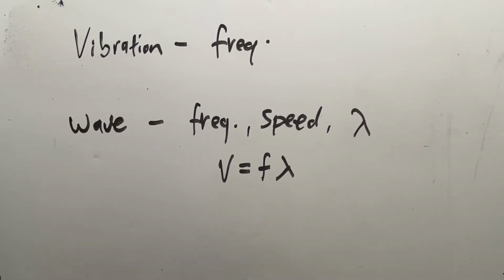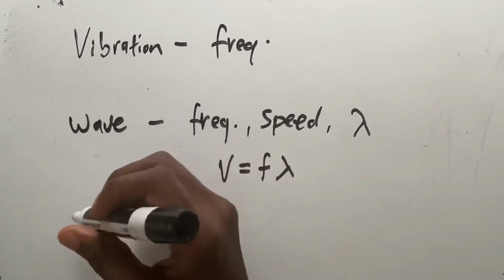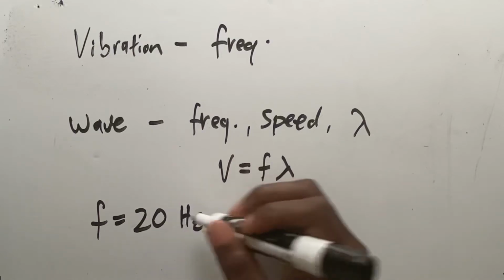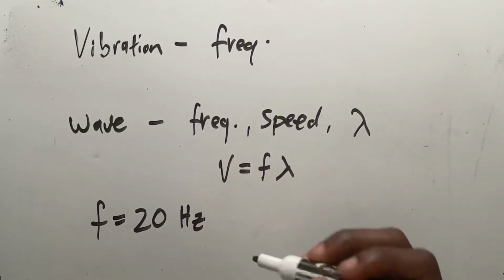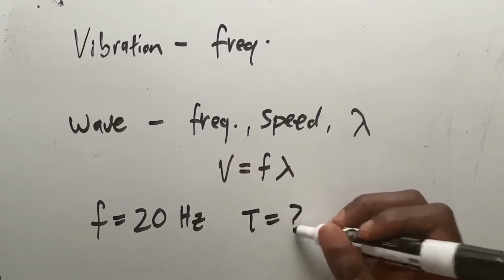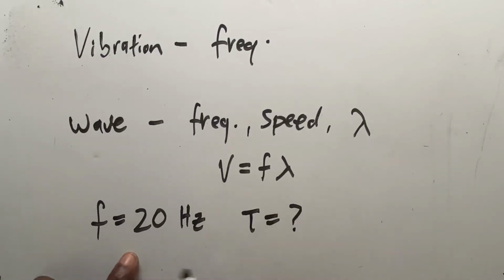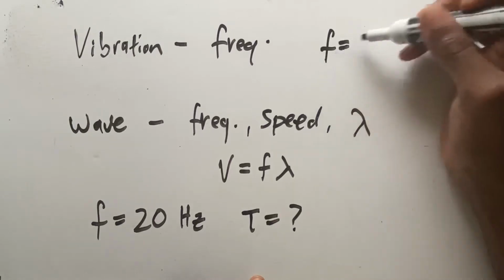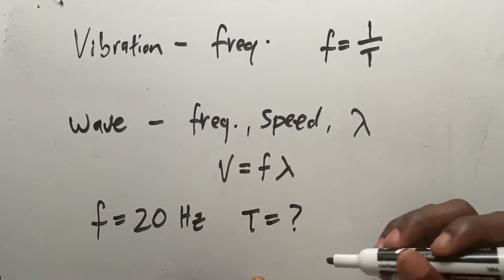Okay, so for example, looking at example number 12 on the slides, it says we have a frequency of 20 hertz. So then what is the period? How can you find the period just from knowing the frequency? Well, we know the frequency is equal to 1 over the period.